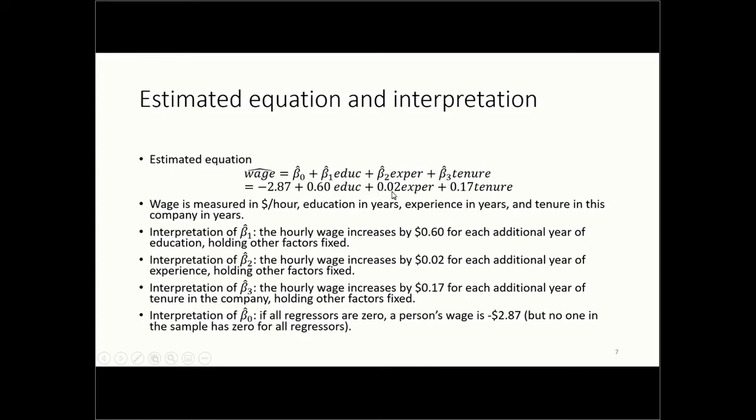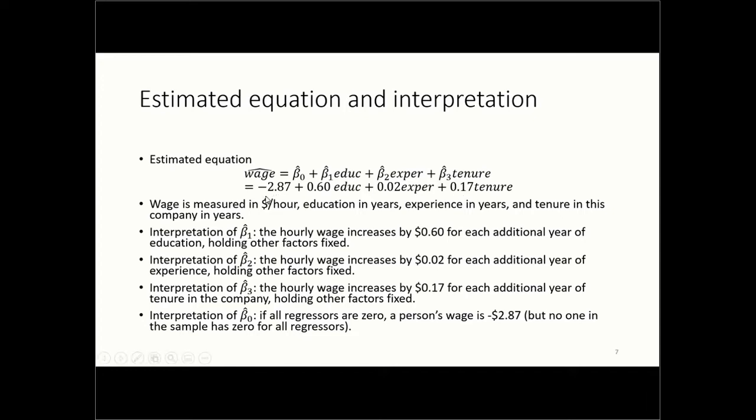Here, the hourly wage would increase by 2 cents for each additional year of experience, holding other factors fixed. And for tenure, we have that the hourly wage would increase by 17 cents for each additional year of tenure in the company, holding other factors fixed.